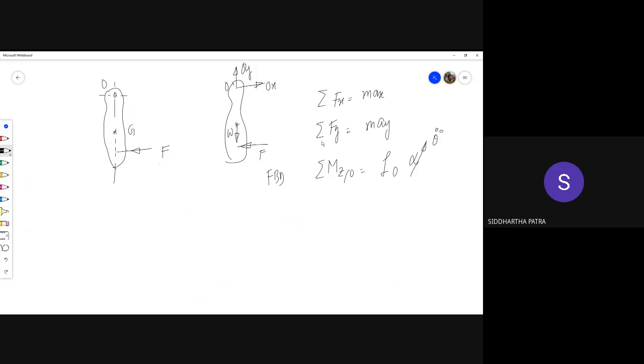Now, we would ignore the second equation of motion. Let's just consider the first one, which tells us that OX minus F equals M times AX bar.